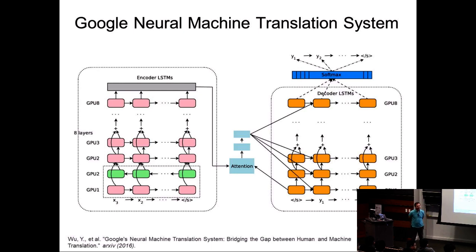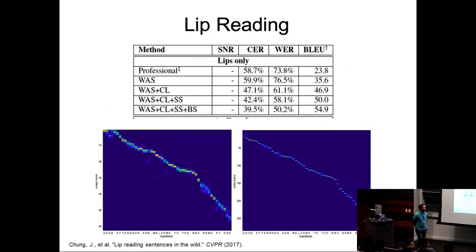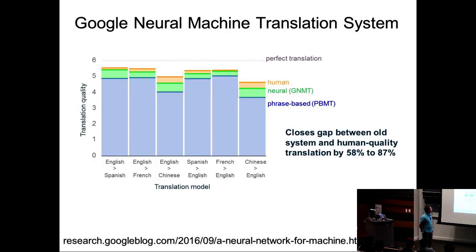Yeah, question? How do you judge the quality of it? Is that also based on grammar? Oh, the quality. There is something called the BLEU score. There are a bunch of different metrics you can use.